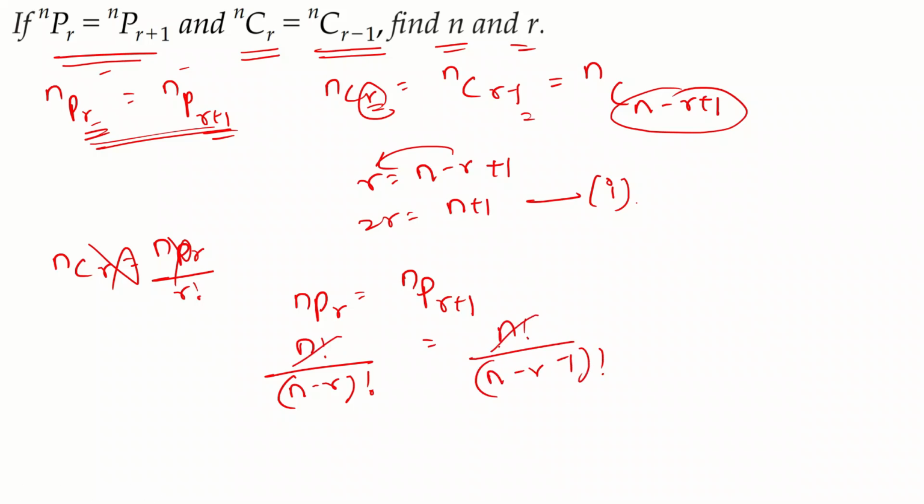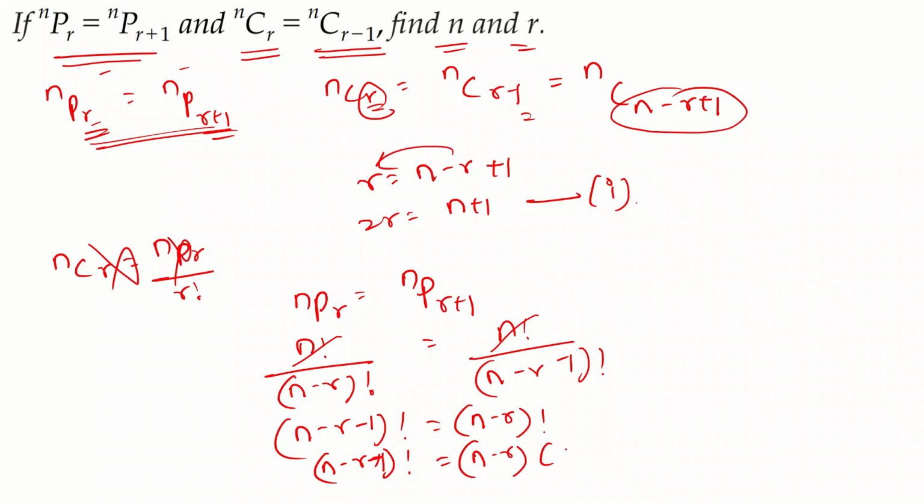Now n factorial is cancelling out. So (n minus r) factorial is (n minus r) times (n minus r minus 1) factorial. Now these two cancel out, so we have 1 left over here. So we have 1 is equal to n minus r, and this is our equation number 2.